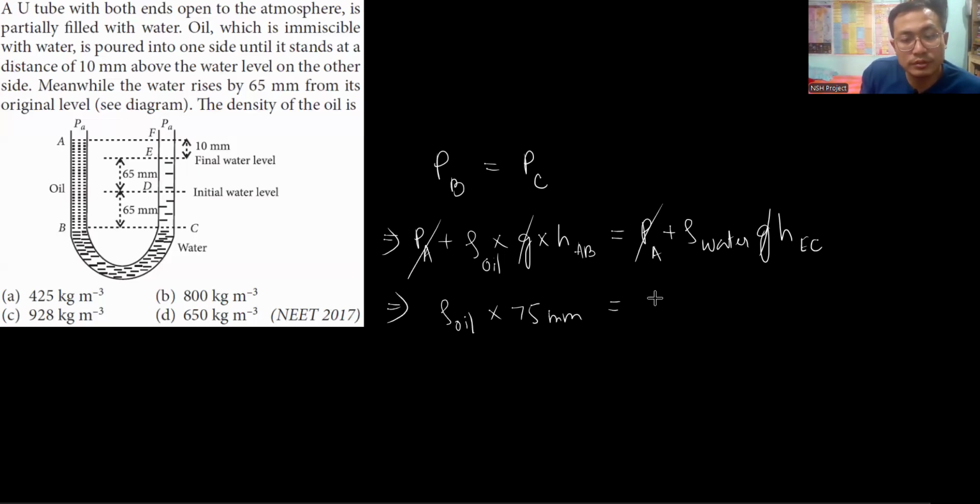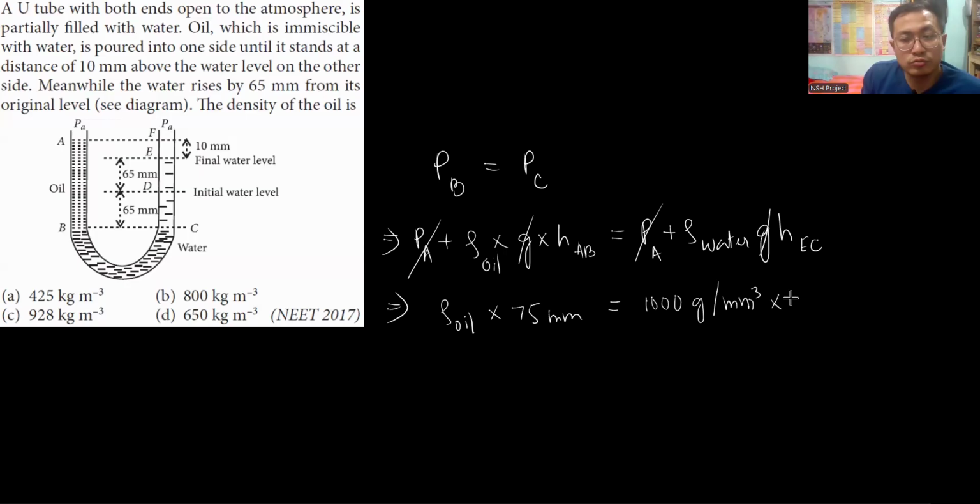The density of water is 1 gram per centimeter cube, which might be 1000 in these units.